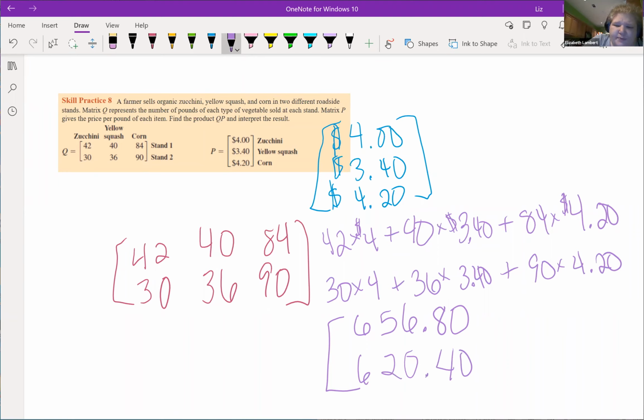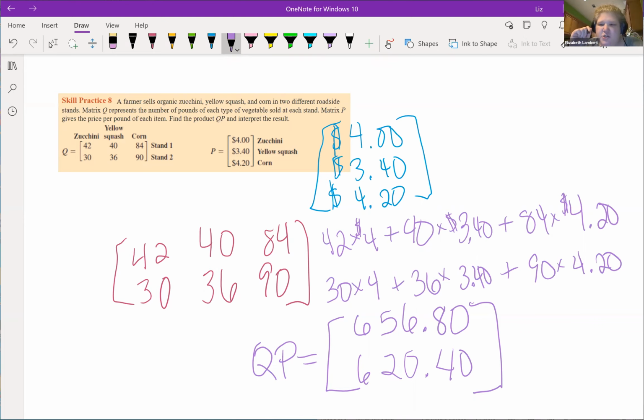All right. So I have QP here. And just so you know, Q here is quantity, P here is price. So the quantity times the price gives us the money that they got in. So this is the earnings for each stand.